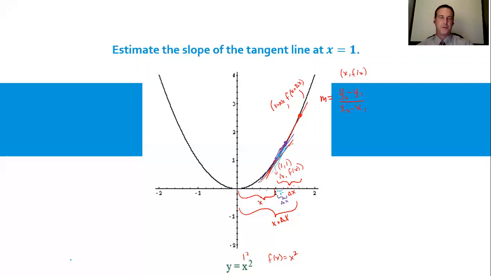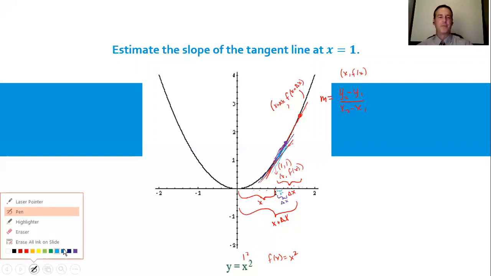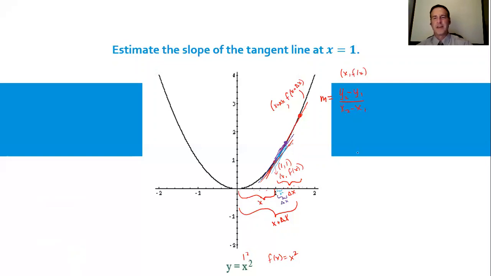And so what I'm going to do is represent this through a formula, which you may have seen in the past, and I'm going to take the slope, okay?